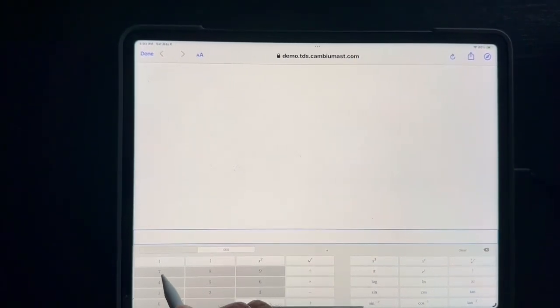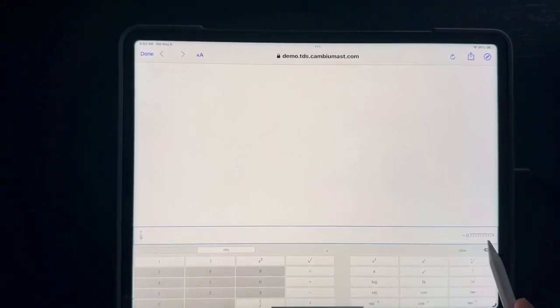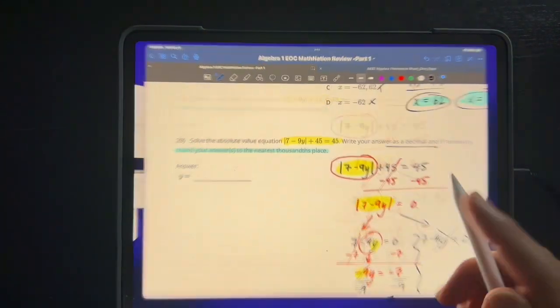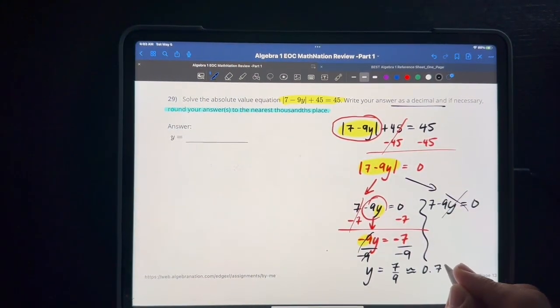So 7, fraction bar means division, divided by 9, notice how they did put the fraction bar, is 0.77777, all of that stuff, right? So let me go back. And so we got approximately 0.7777, a whole bunch of sevens.